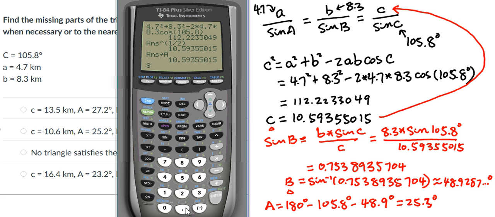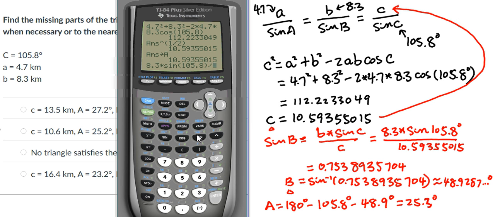We have 8.3 times sine 105.8 divided by... I need to go back, here has to be 8.3. And then sine 105.8 divided by 10.5 something.